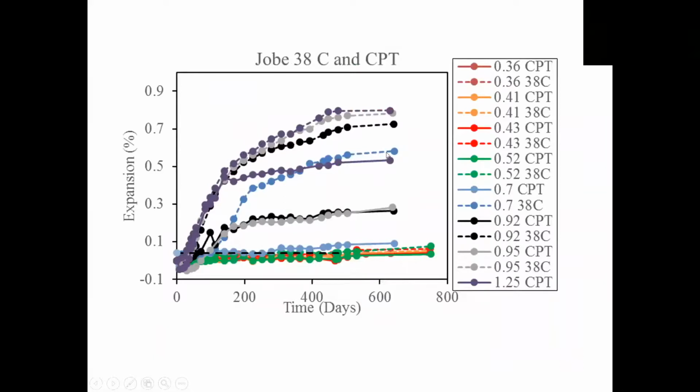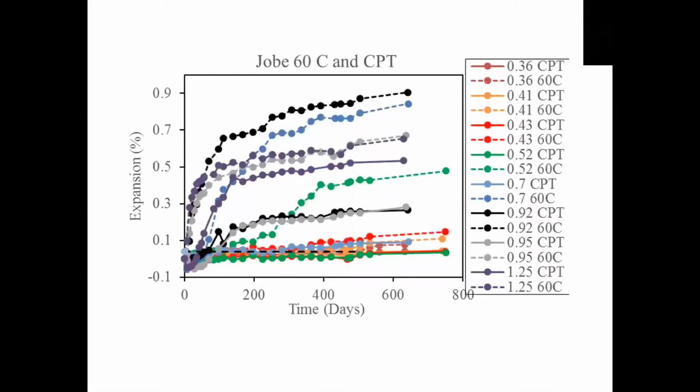So we're getting expansion at much lower alkali concentrations, but we're still not really seeing expansion down at the 0.43 or 0.41%. We have seen expansion at 0.52 now, but not at 0.43. So we're still not getting that close to the threshold that we've determined from field experience.